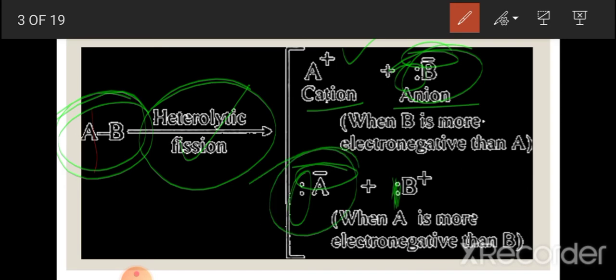Whichever is more electronegative will acquire the negative charge and will gain both the electrons of the shared pair. So the atom which gains the shared electron pair acquires negative charge. The arrow points towards this atom. The atom which loses the shared pair acquires the positive charge.